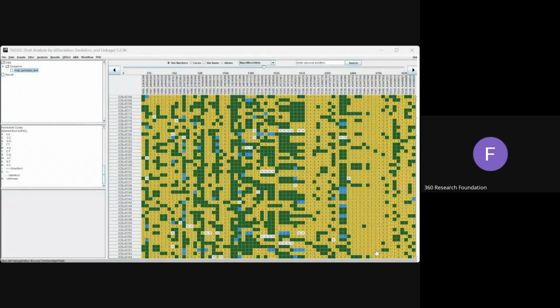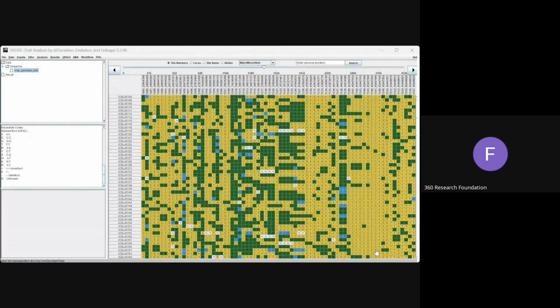Then again we have seen one kind of map called the linkage disequilibrium map. In short, we used to call it an LD heat map.